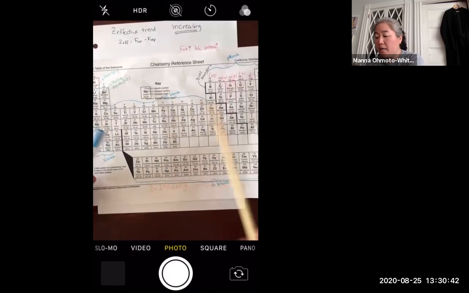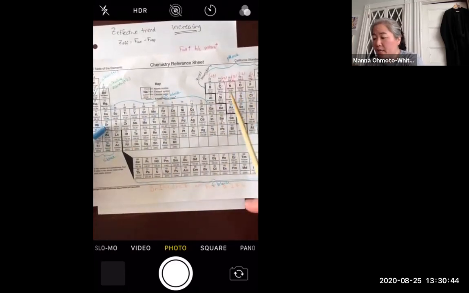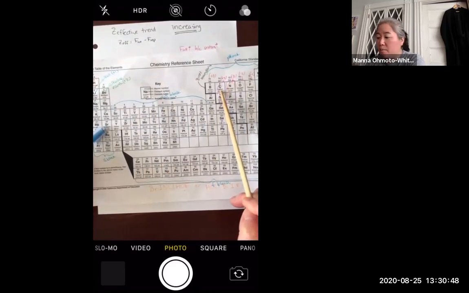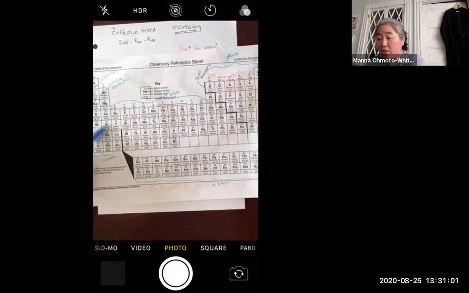What happens if I compare strontium and carbon? Carbon will have a stronger Z effective because its valence electrons are only on the 2nd energy level and only have helium as their shielding, whereas strontium's electrons are on the fifth energy level and have the shielding of krypton, or 36, 18 times the number of electrons.